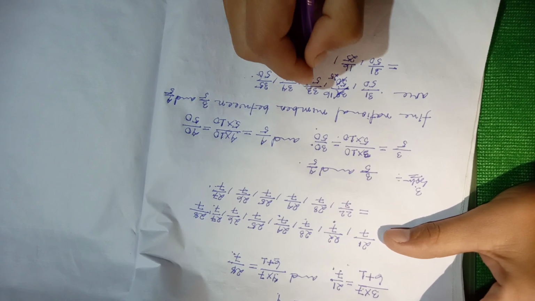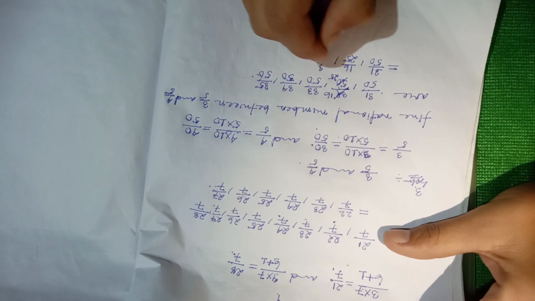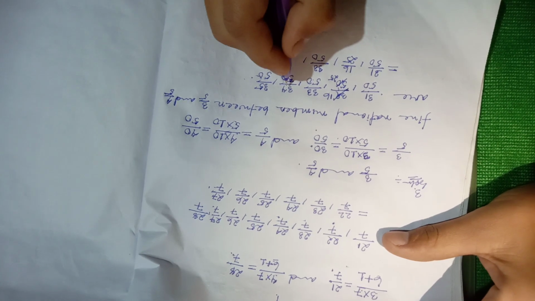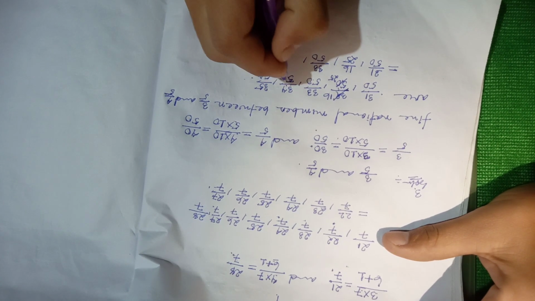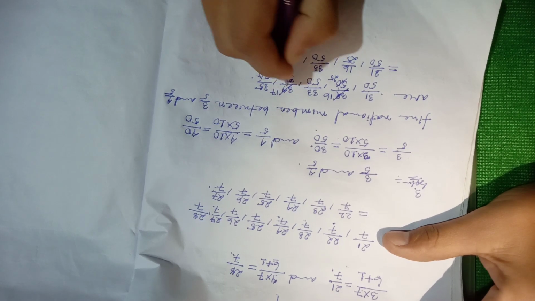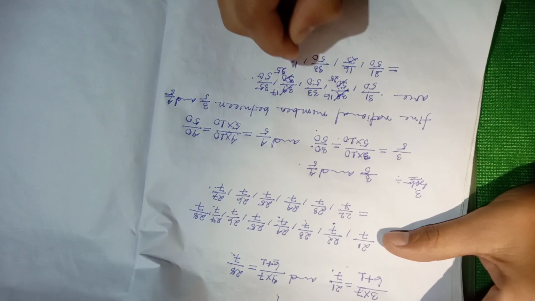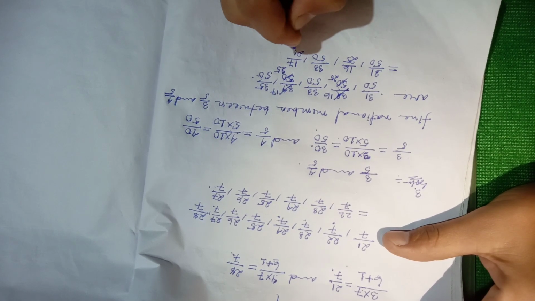And this fraction cannot be reduced, so you keep it as it is, 33 by 50. Here you can reduce the fraction: 2 times 17 will give you 34 and 2 times 25 will give you 50. That means 17 by 25.